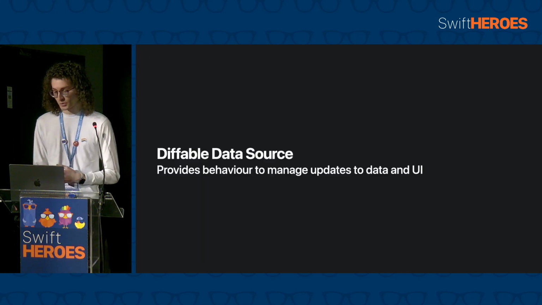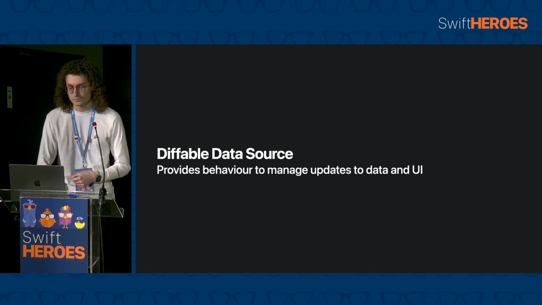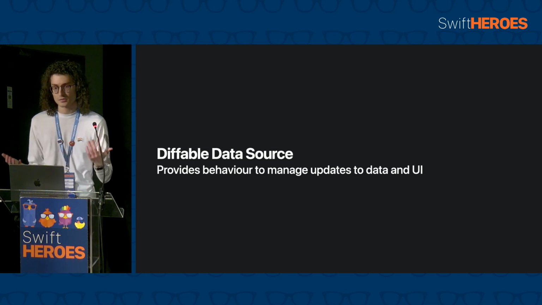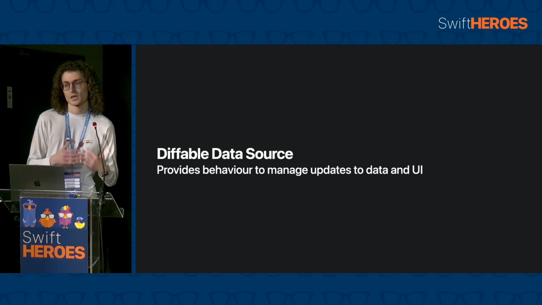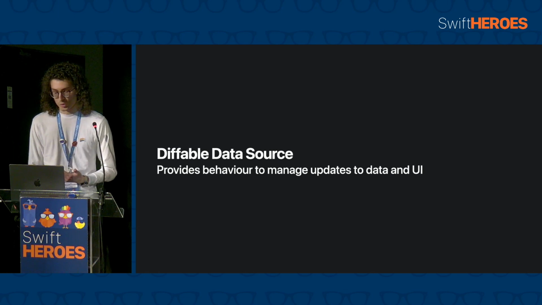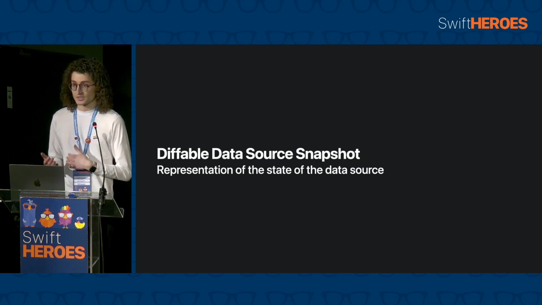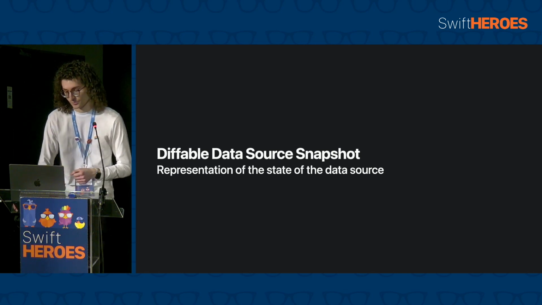And to do that, we're going to use the diffable data source APIs introduced in iOS 13. So diffable data source provides behavior to manage updates to both data and our UI. And they work with some kind of state. So we also have diffable data source snapshots. And of course, they are the representation of the state in our data source.